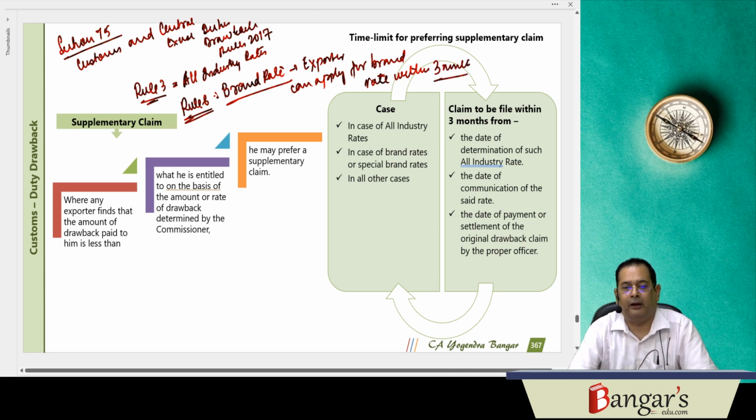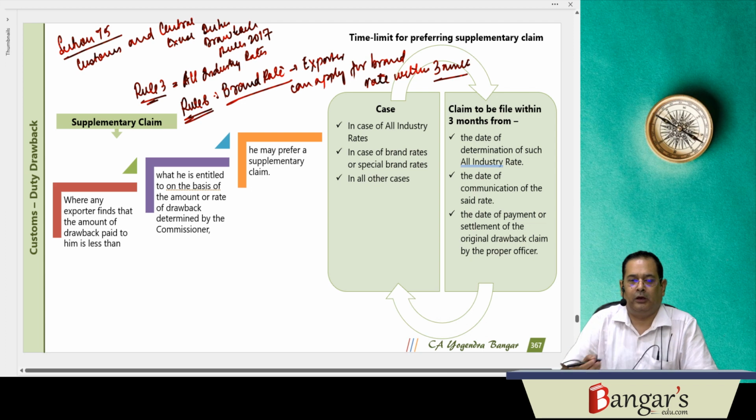This timeline of 3 months can be extended for a further period of 3 months by AC or DC. Fees is 1% of the FOB value of goods or ₹1,000. For a further 3 months by the principal commissioner or commissioner, the fees is 2% of the FOB value or ₹2,000.